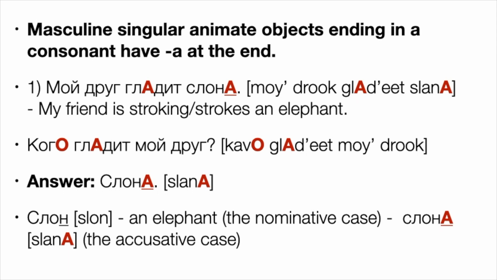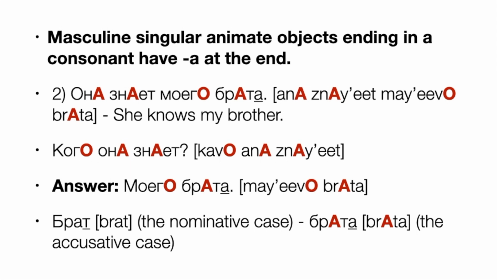Слон is a singular masculine noun. Number 2. Она знает моего брата. Кого она знает? Answer: моего брата. Брат is a singular masculine noun.